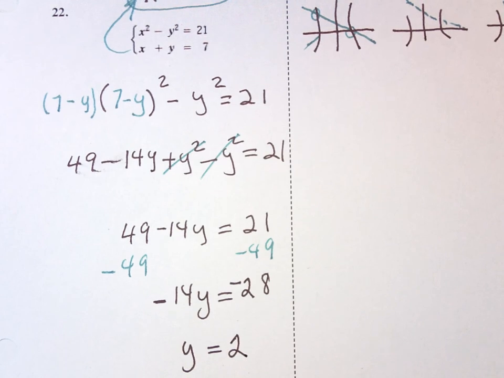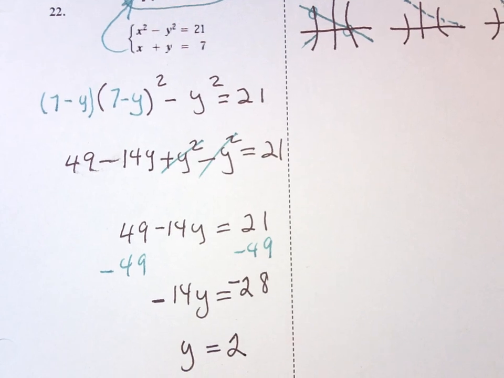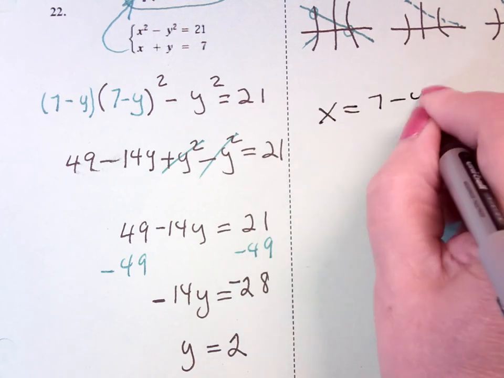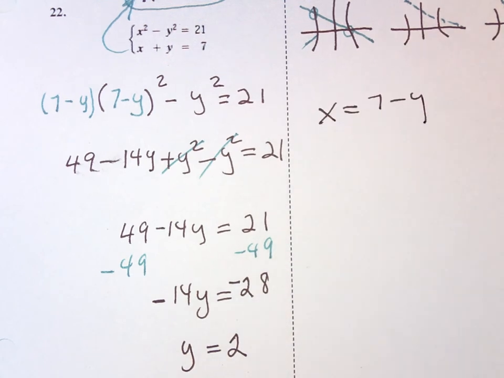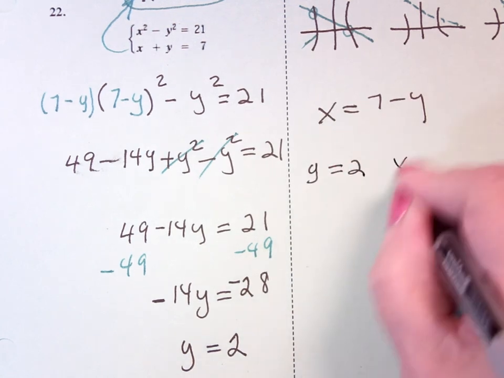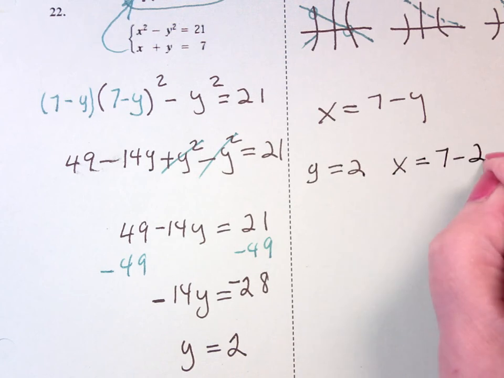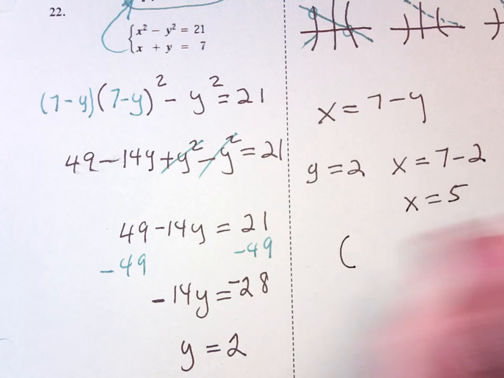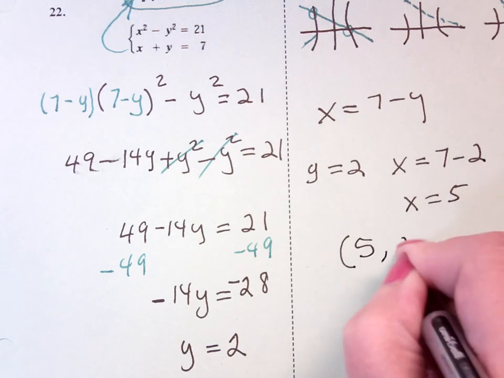That is so innocent. And then I know that x is 7 minus y. So if y is 2, then x is 7 minus 2. So x is 5. So I have one intersection point, (5, 2).